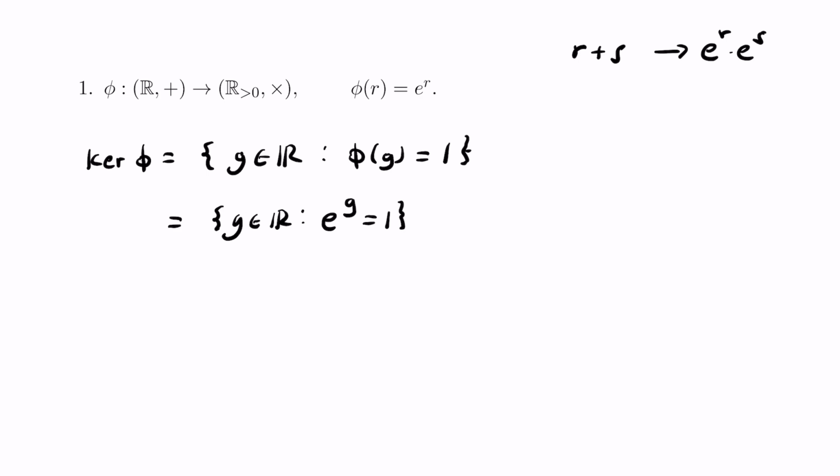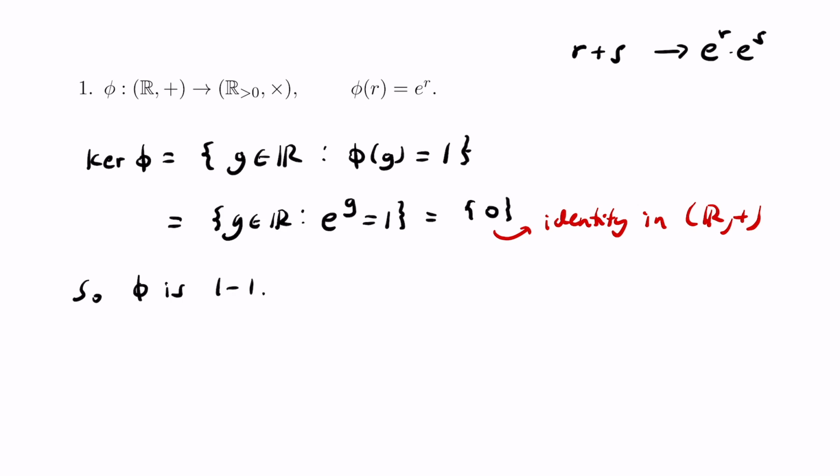Now, by other types of mathematics, we know that the only way you can get 1 when you exponentiate an element is 0. And this here is the identity in the group on the left. So the kernel of phi is the identity, and so phi is 1 to 1. This is an example of establishing that phi is a 1 to 1 thing.